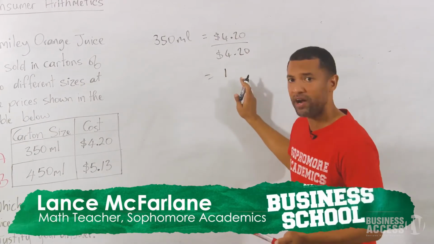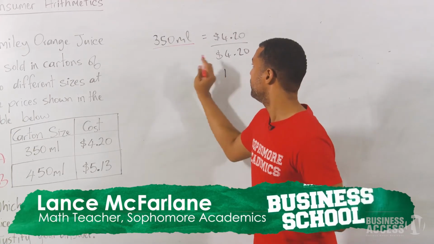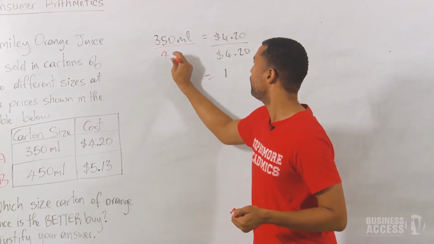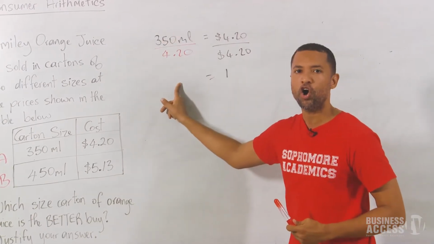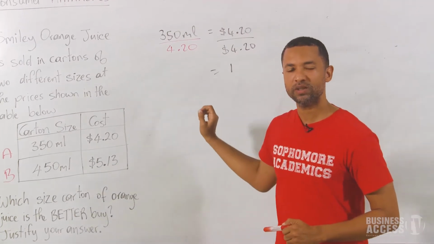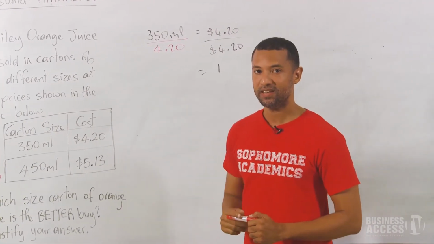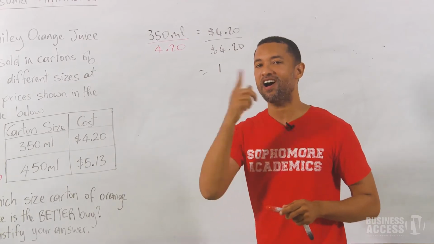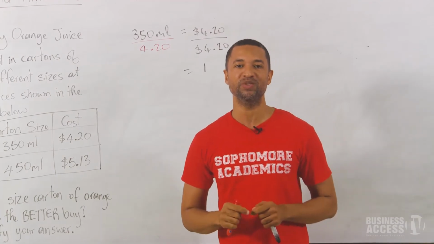So $1, whatever you do to one side of the equation, you do to the other side of the equation. So I'm going to divide by 4.20. So $1 will give us how much, ladies and gents? So work that out, then do the same for B, and I'll see you at the other side of this break. We'll be right back here on Business School, ladies and gents.